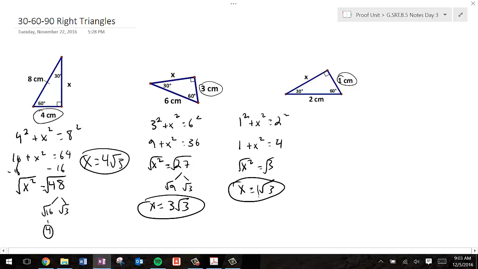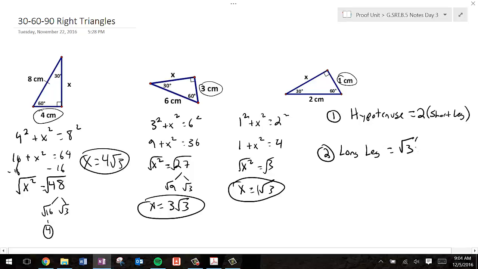So that tells us that we have 2 relationships that exist in this. The first one is that our hypotenuse equals 2 times our short leg. And our second one is that our long leg is equal to square root of 3 times our short leg.